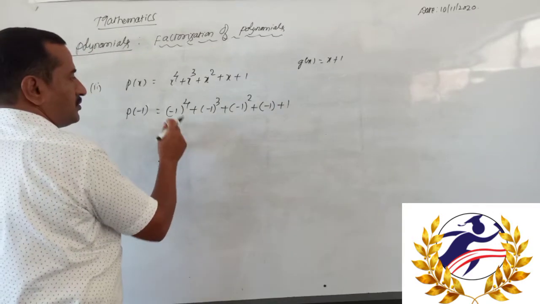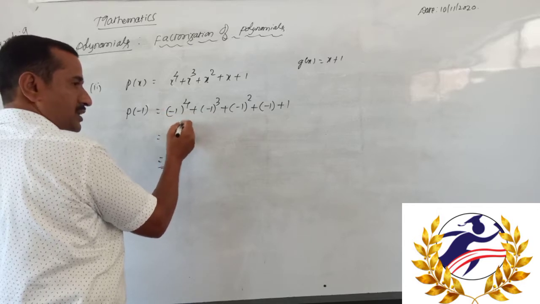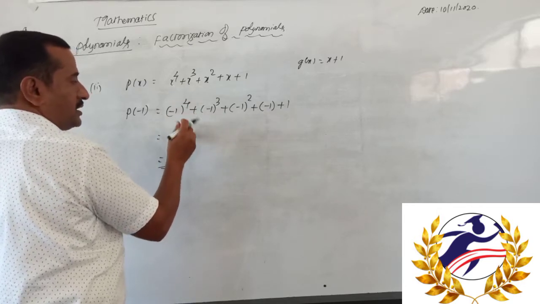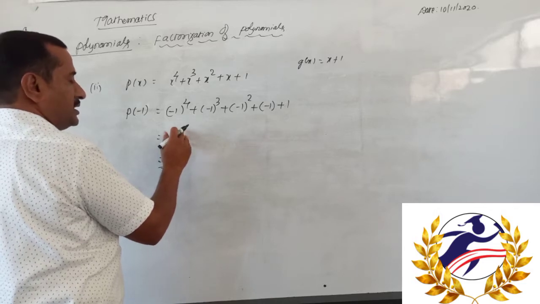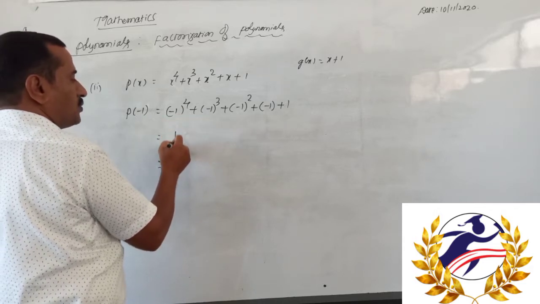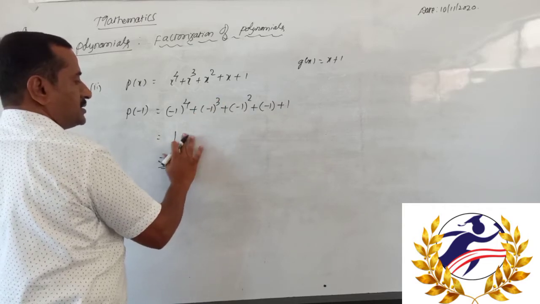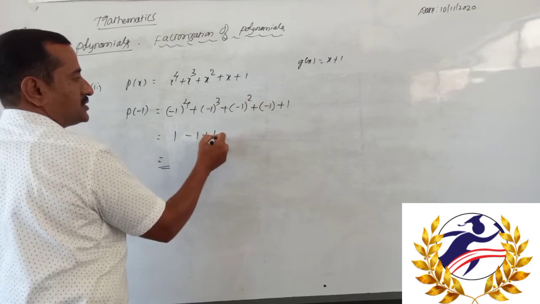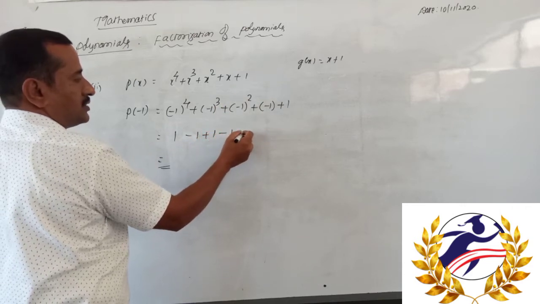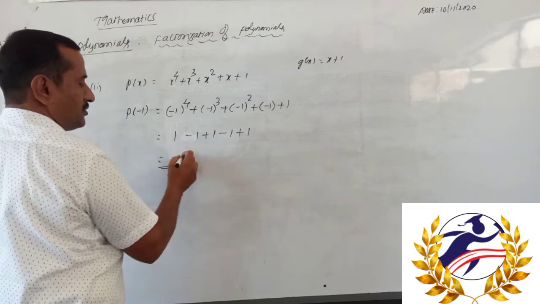Minus 1 to the power 4, since the power is even, it becomes positive 1. Here the power is odd, as a result it becomes minus 1. Then the power is even, plus 1, minus 1, plus 1. 1 minus 1 is 0, 1 minus 1 is 0, we are left with 1.